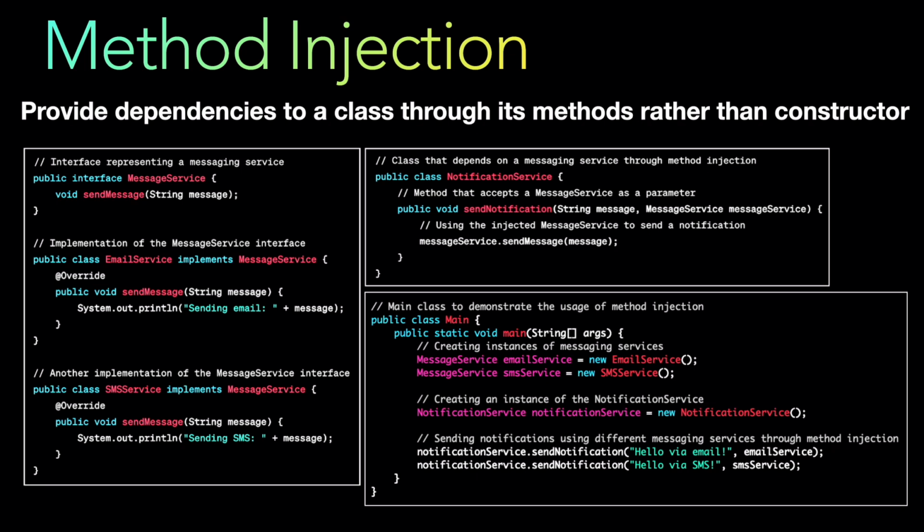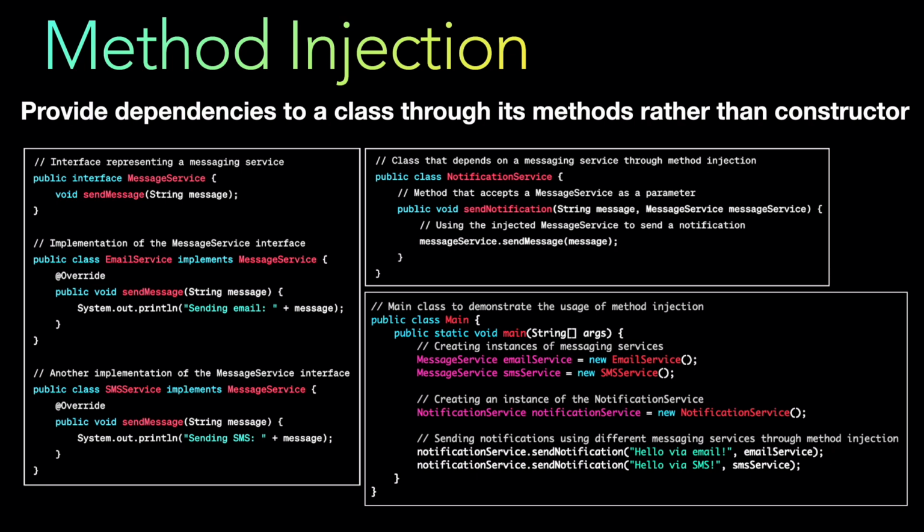On the right, we have the notification service, and this is where we have changed the implementation to make it a method injection. The notification service has a send notification method that takes a message service as a parameter. This method allows the caller to inject the messaging service for a specific notification.